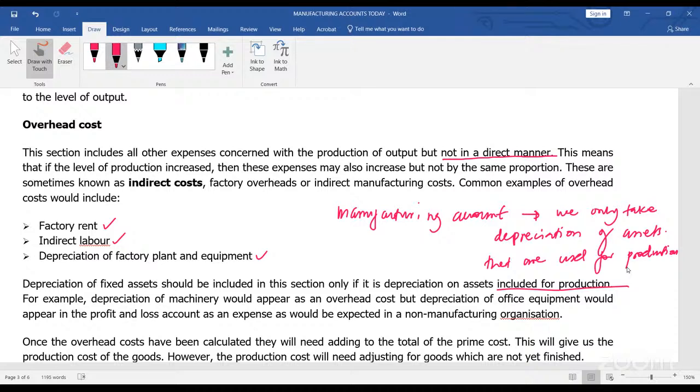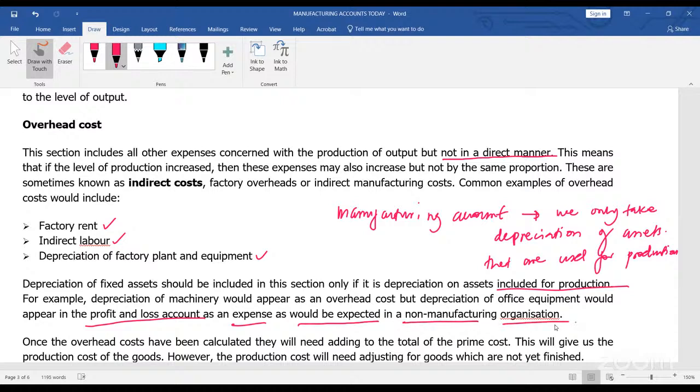Is it on a property? Is it on a machinery? If it's on a machinery, then it will go to the manufacturing account. If it's for an office equipment, then it will not be taken to the manufacturing account. It will appear in the profit and loss account as an expense, as would be expected in a non-manufacturing organization.